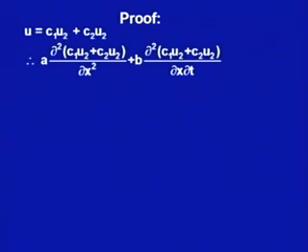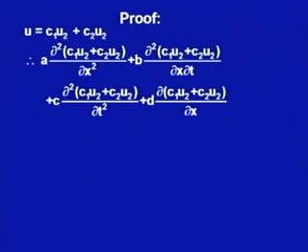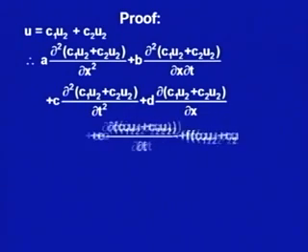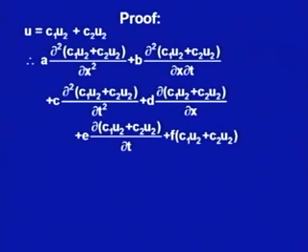If I put this function in our differential equation, we would get the second derivative with respect to x of C 1 u 1 plus C 2 u 2, the second derivative with respect to x and t of C 1 u 1 plus C 2 u 2, and so on, the second derivative with respect to t, the first derivative with respect to x, the first derivative with respect to t, and f times C 1 u 1 plus C 2 u 2. This must satisfy the equation. So, the left hand side of the equation is this.